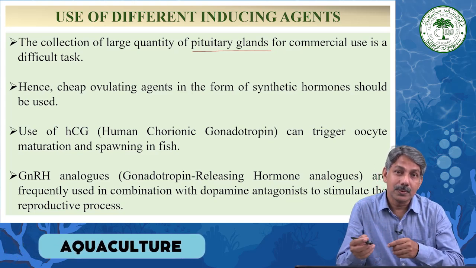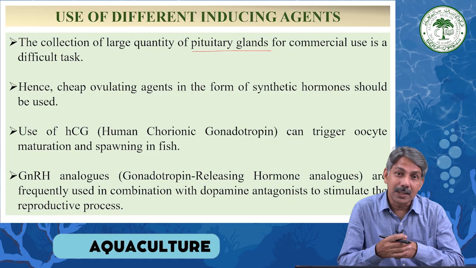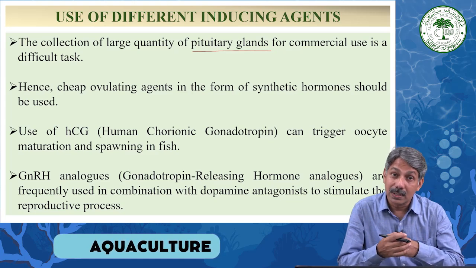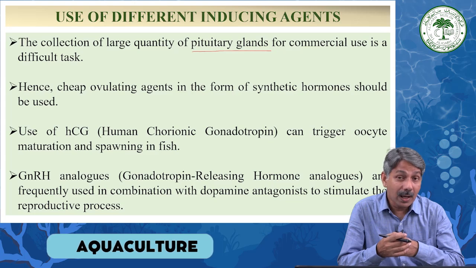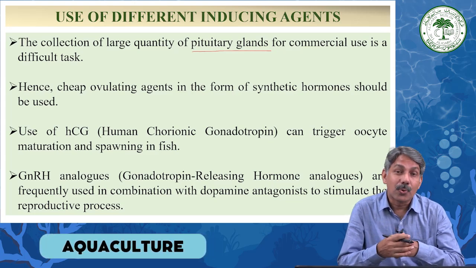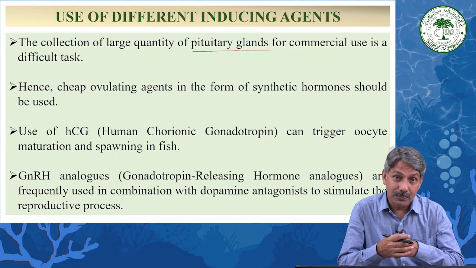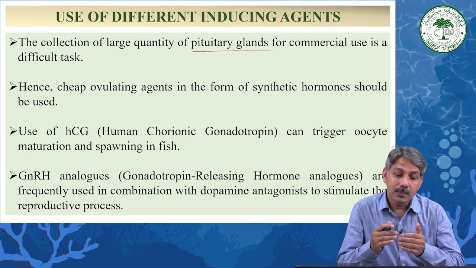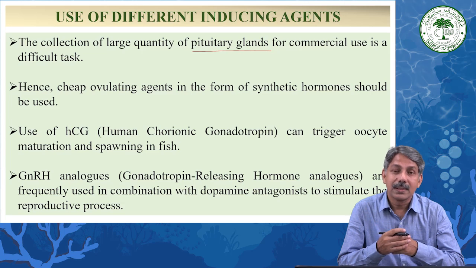You will have to make efforts for preparation of the supernatant that is to be injected, and you will have to put the female fish into stress twice in the process, and for the male fish we used to give only 1 dose at the time of the second dose to the female. So, by seeing all these limitations, it is quite evident that people would be looking for an easier method.